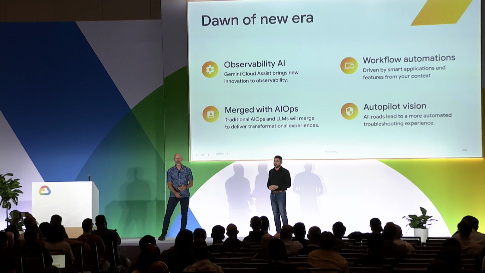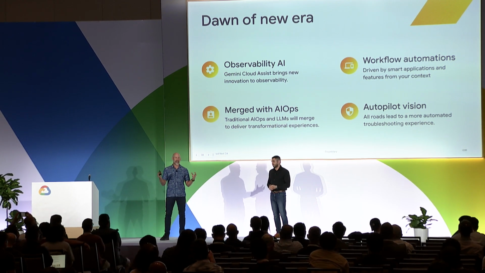We're really about sort of bringing that live context to the troubleshooting flow. And finally, this idea of the autopilot vision, right? I think while it will take some time, this is all about increasing both the capabilities and the trust over time until we can maybe kind of take our hands a little bit off the wheel some of the time.